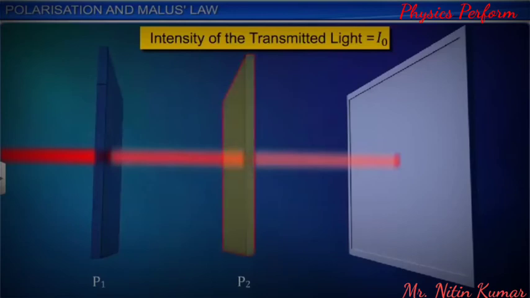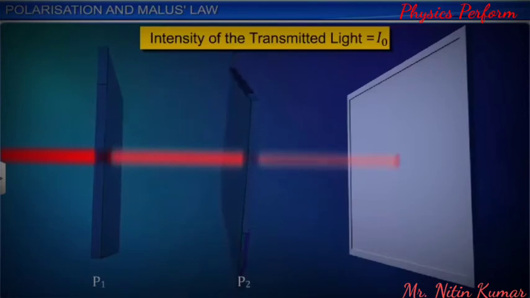If we start rotating the Polaroid P2, the intensity of light incident on the screen reduces to nearly zero at one position and reaches its maximum when turned by 90 degrees from the position of zero intensity.